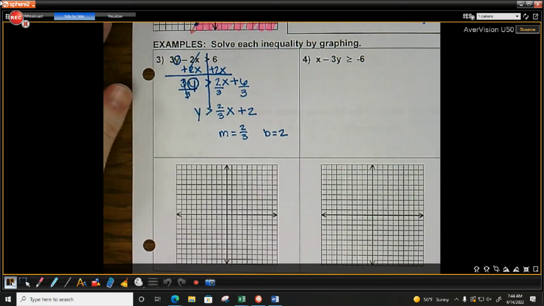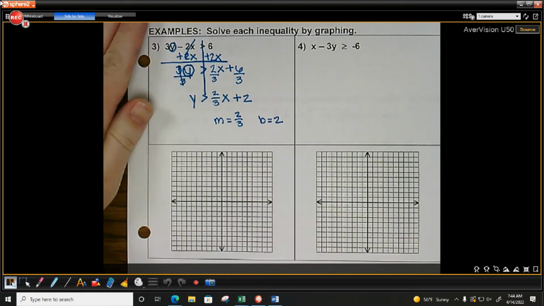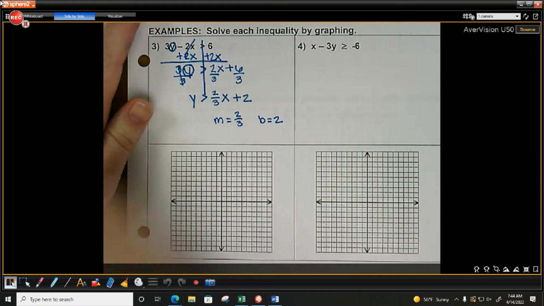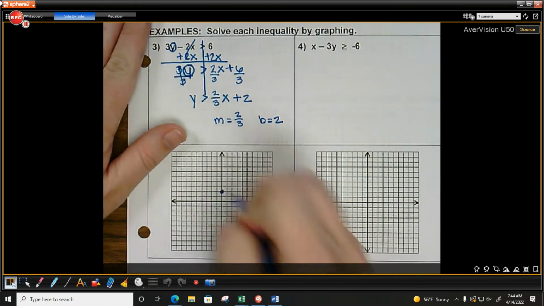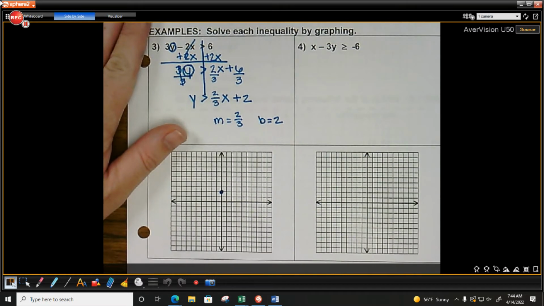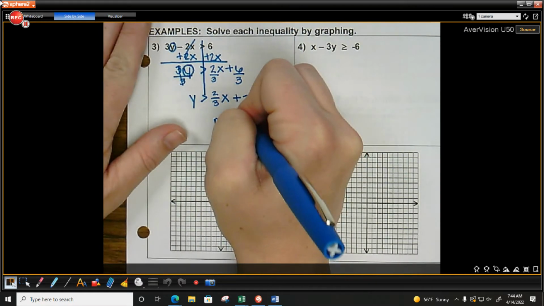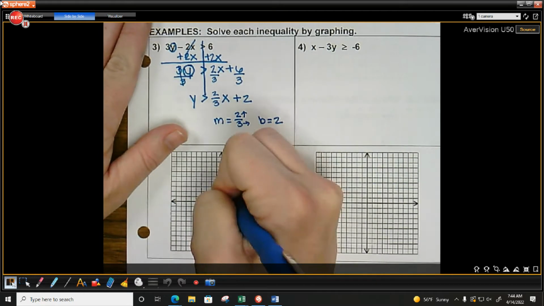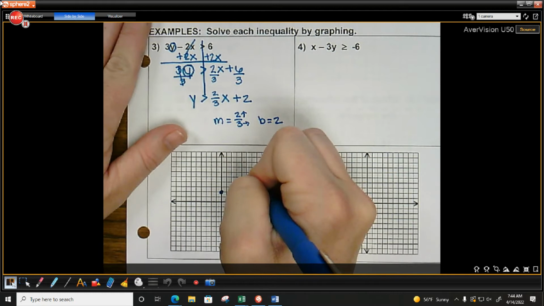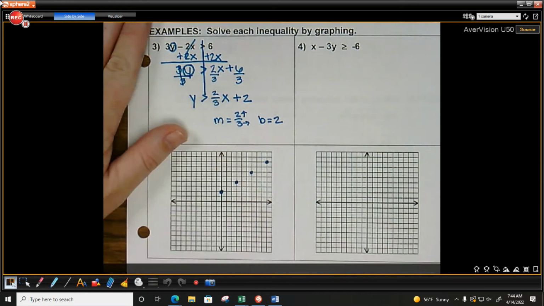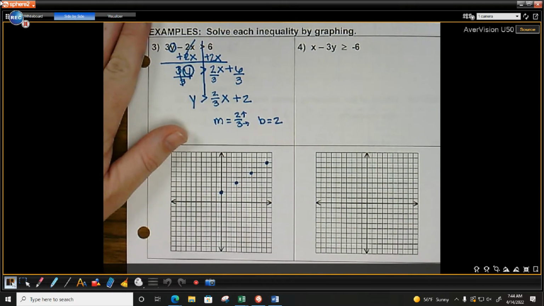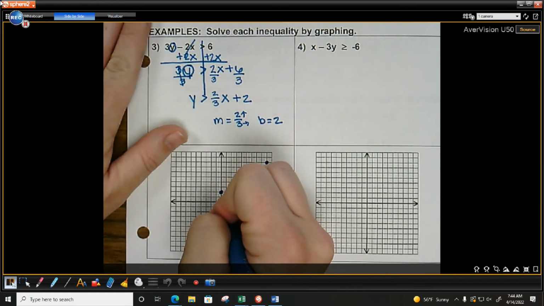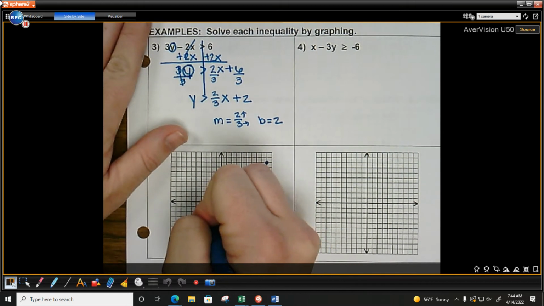So where do I begin when I graph? 2 on the y-axis. How do I move from that point? Up 2, right 3. What's the opposite of up 2 to the right? So down 2, left 3.